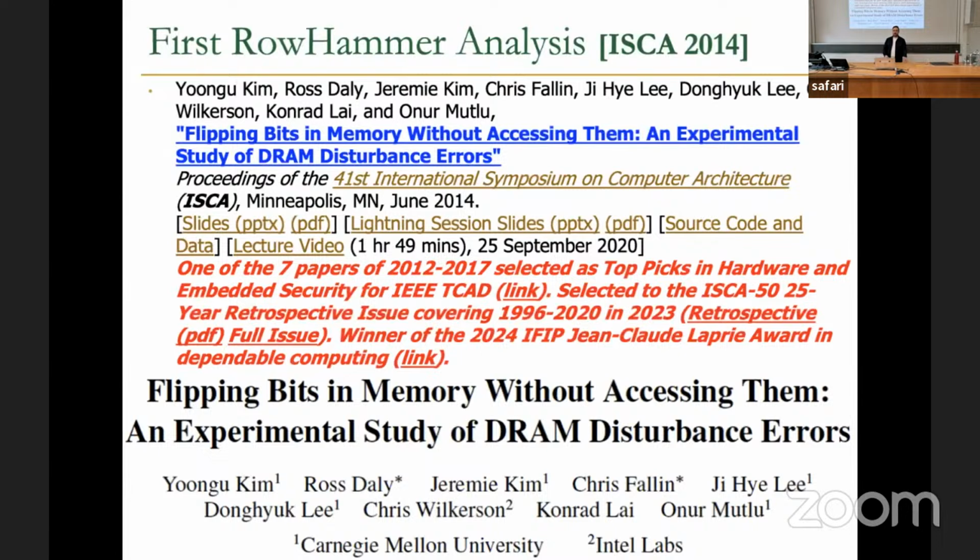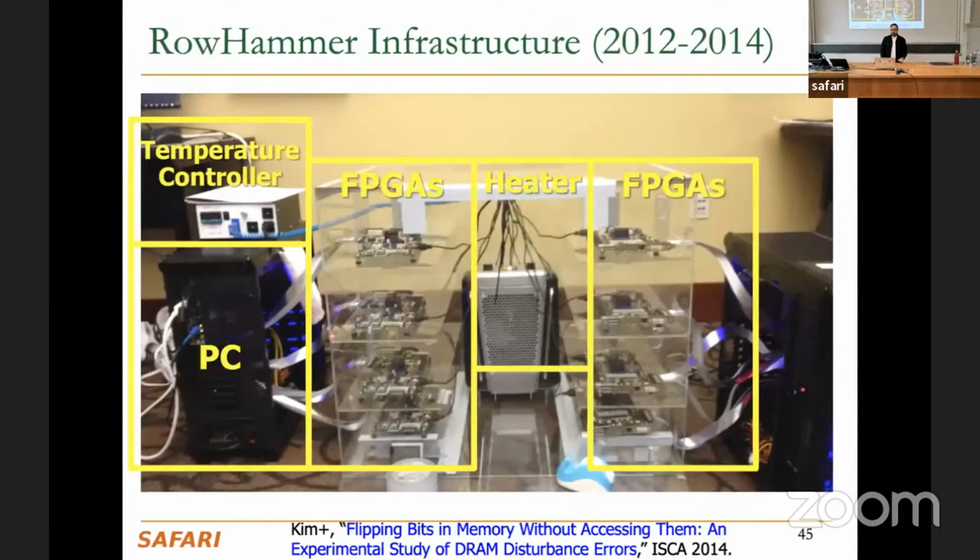Okay. So let's go with understanding RowHammer papers. The first one is Flipping Bits, the paper that I referred to that was published in 2014. It ran a lot of tests on real DRAM chips. This is a picture of our infrastructure that we used for that set of experiments. In a plexiglass container, there is a bunch of FPGA boards. There are some DDR3 DRAM modules connected to them.